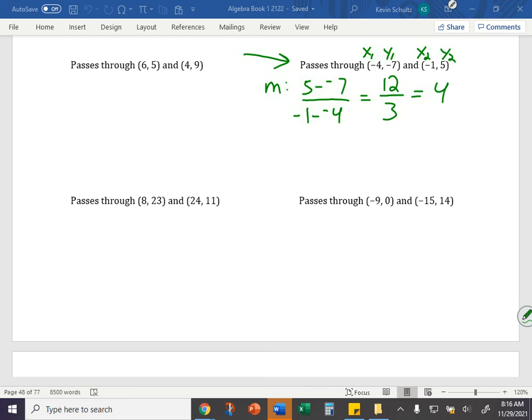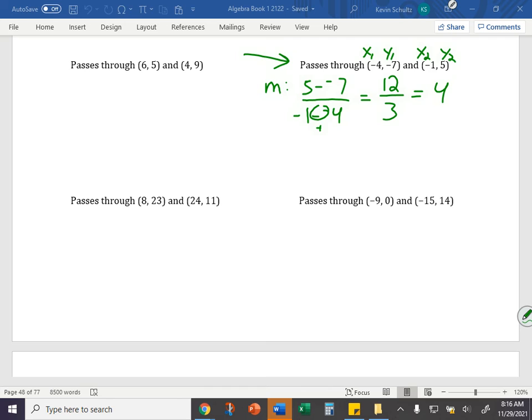How do we get the B? Will? I have a question. How did you get positive 3? -1 minus -4 is the same as -1 plus 4, which gives us positive 3. And the reason why it's minus a negative is because the subtraction sign comes from the formula.